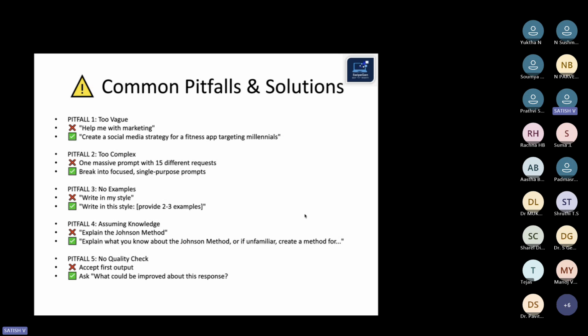You can ask what could be improved about this response, so it figures out what better it can do based on the previous response. These are a few common things we do regularly, and if we start correcting these small things, I think we can achieve more productivity.